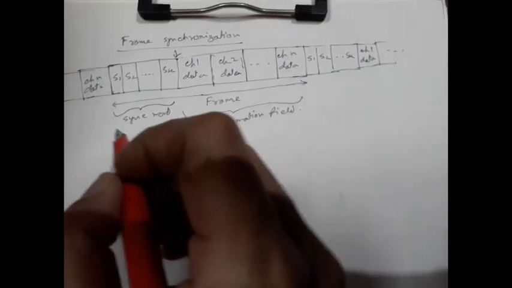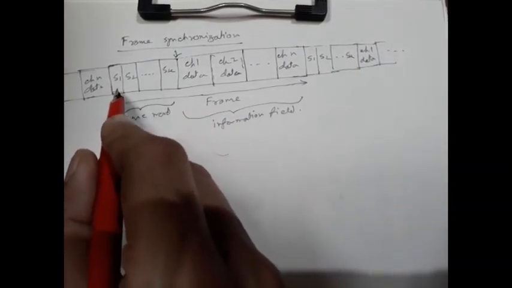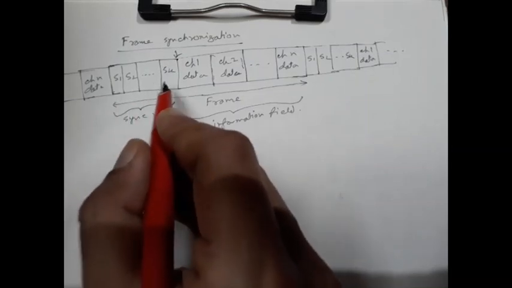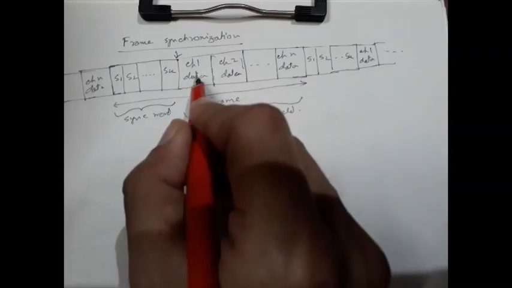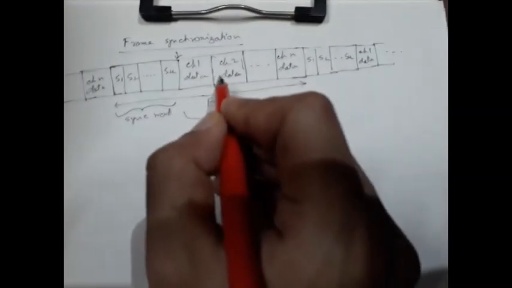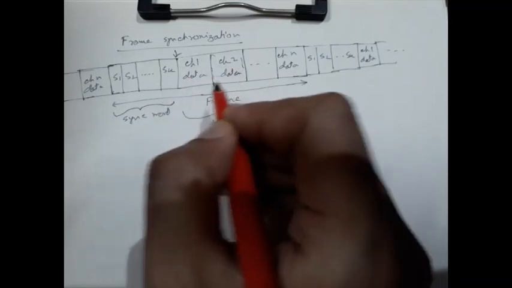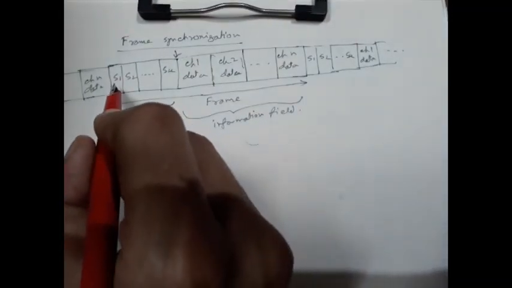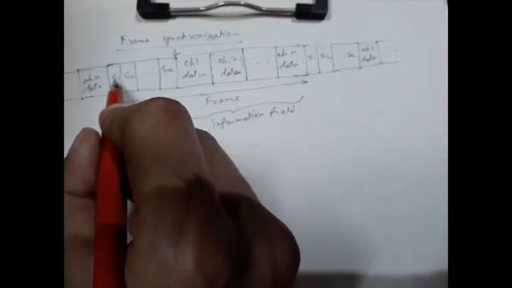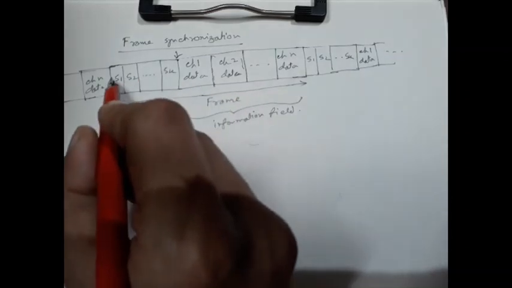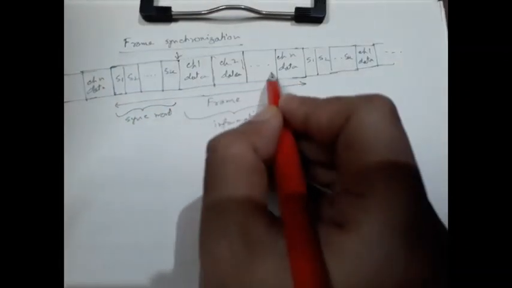Now this sync word must be chosen in such a way that this data sequence should not be repeated in the channel data information field. Otherwise, this information field will be treated as a sync word. Not only that, a sync word must not be very large, because otherwise the amount of actual information will be less.